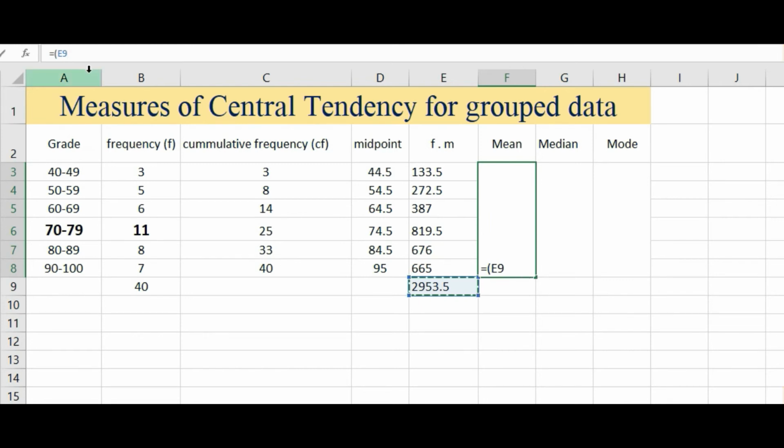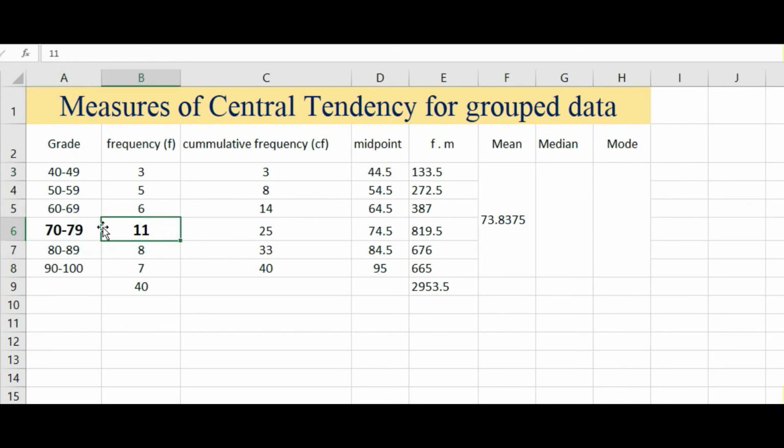Then you will divide that by the summation of frequency. So the total is 73.8375. Now look here. Our modal class is 70 to 79 because the frequency of that is 11. It has the highest frequency in all of the data set.